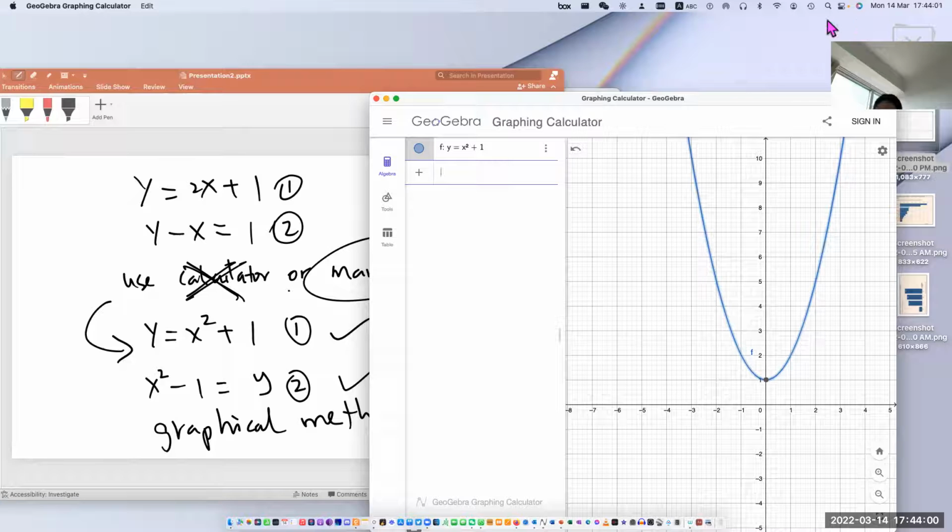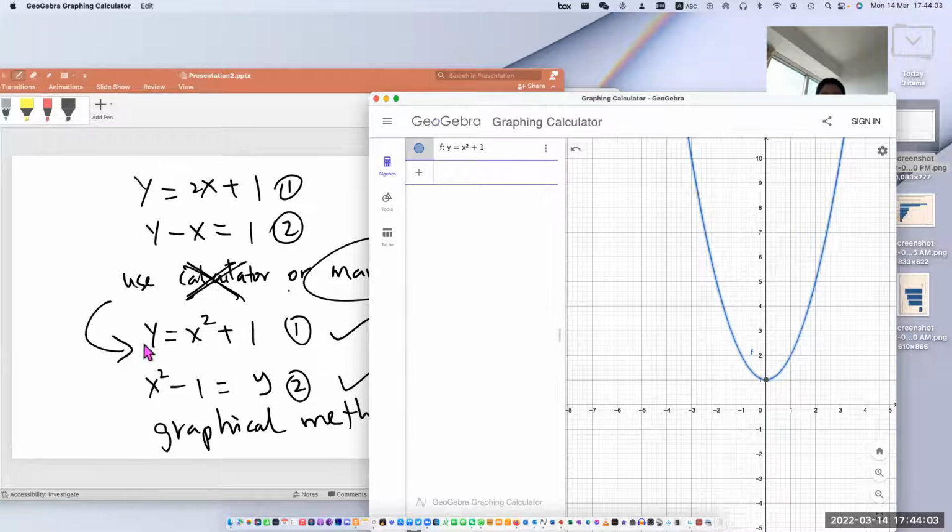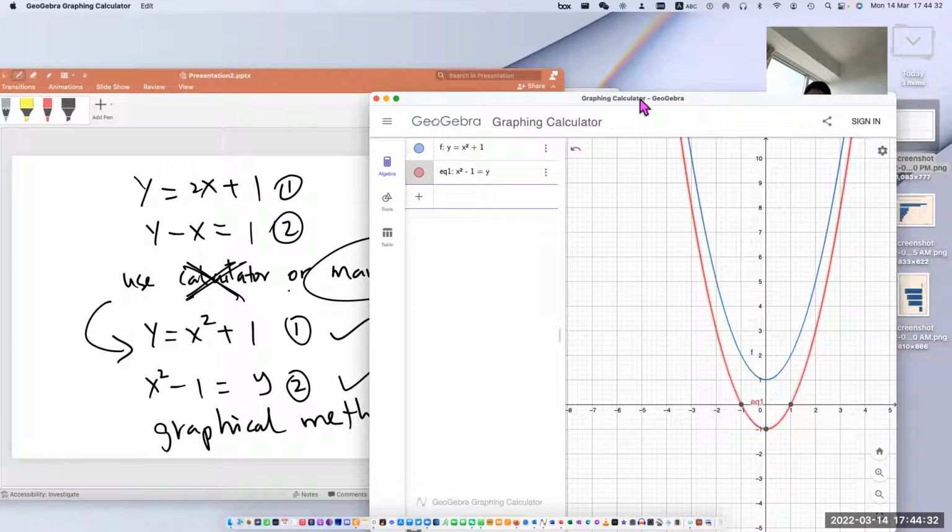I'm showing you the graphical method to solve this more complex question. The second one I need to key in is x squared minus 1 equals y. Okay, good. Done.